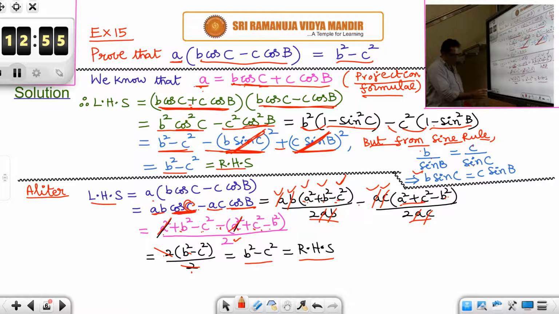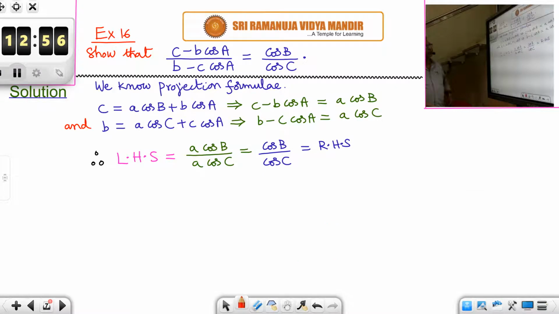Let us see the next example. This is a very simple one. Projection formula, I will use it. Show that (c minus b cos a) by (b minus c cos a) is equal to cos b by cos c. So what are the projection formulae for this small c and small b? Small c is here, so the remaining two letters will come on the other side.